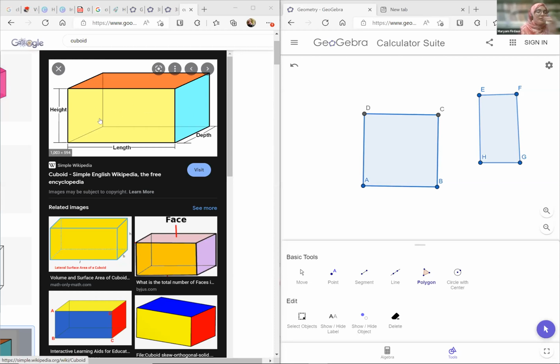Can you see this image on the left? The screen is loading.